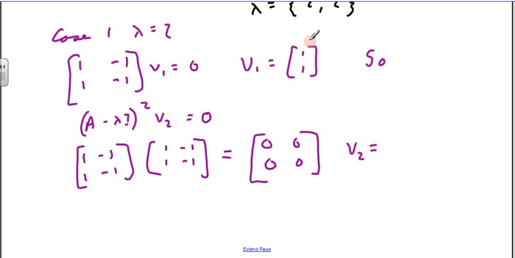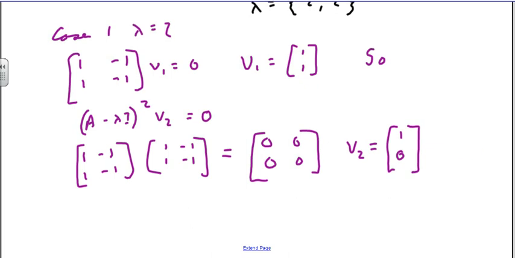I'm not going to pick V2 as 1, 1 though, so that would be a non-starter. I'm not going to do that. I'm going to pick 1, 0. Because that worked every other time I picked 1, 0. Why shouldn't it work this time? Okay, now I'm going to look at A minus lambda I times V2 and figure out what V1 is.